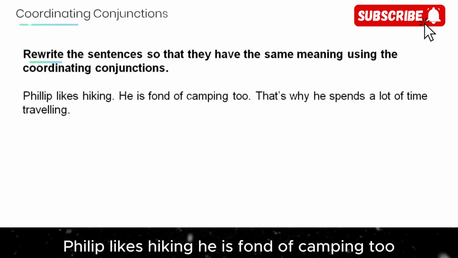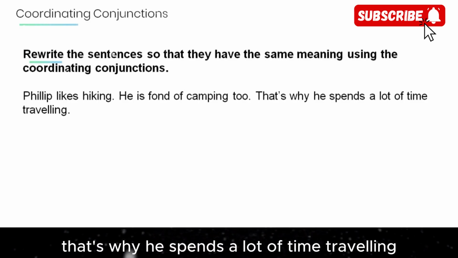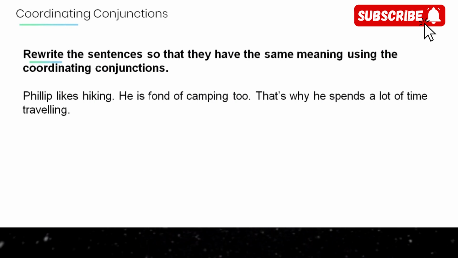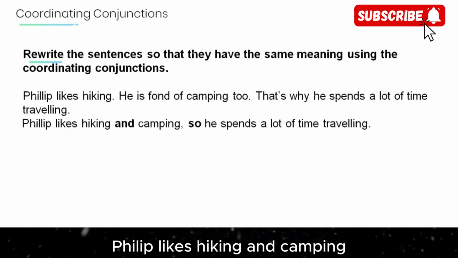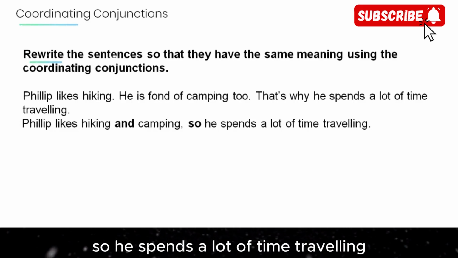Now rewrite the sentences so that they have the same meaning using a coordinating conjunction. Philip likes hiking. He is fond of camping too. That's why he spends a lot of time traveling. Philip likes hiking and camping, so he spends a lot of time traveling.